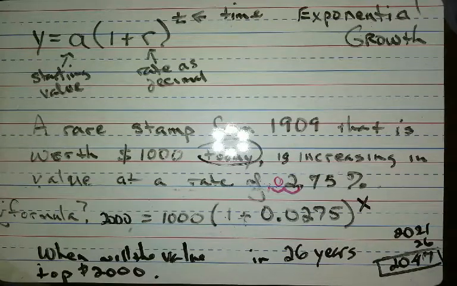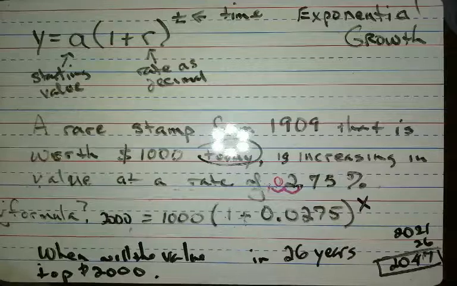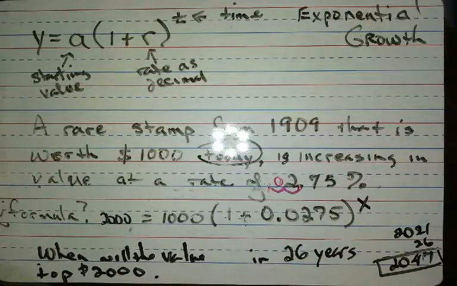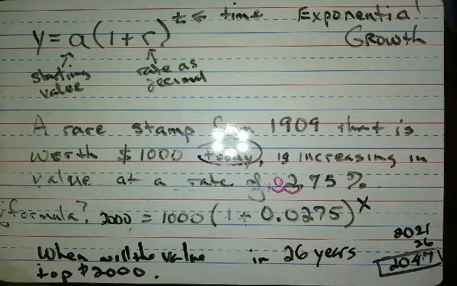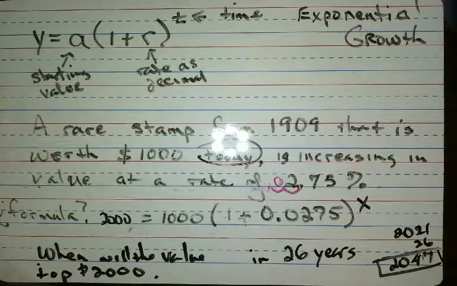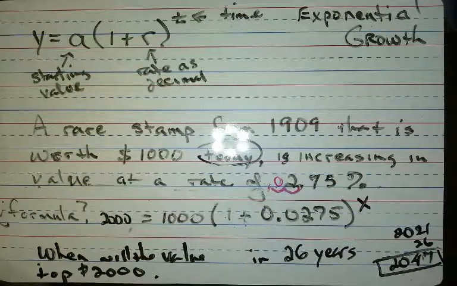You guys will be what? 43 or 44 years old? You'll probably be parents even, huh? Married with children. Okay, that's how you do the growth one. And we'll stop and come back and do a decay one.